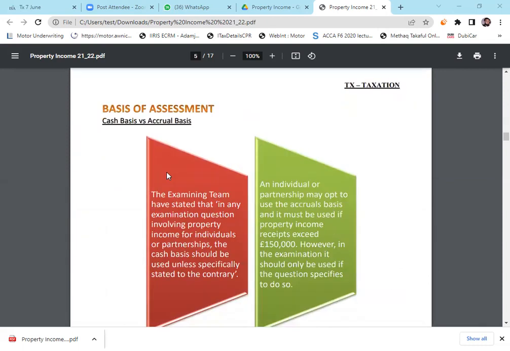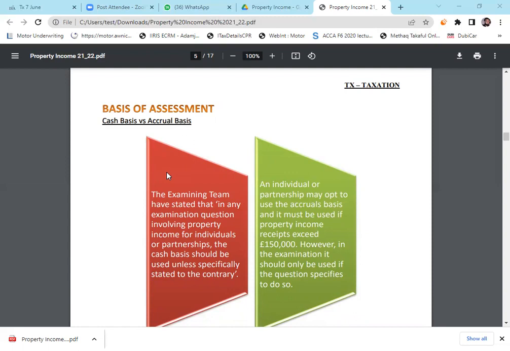Now, basis of assessment. In accounting, you know the accrual concept. Accrual means the dues. How many months, like that, right or wrong? Right. But in property income, we do have both bases, cash basis as well as accrual basis.